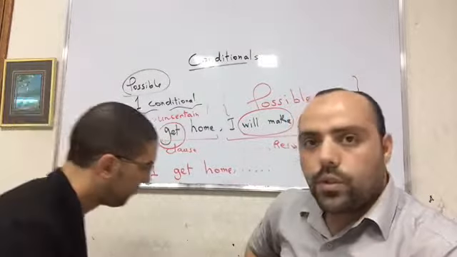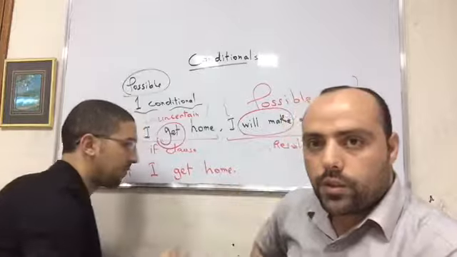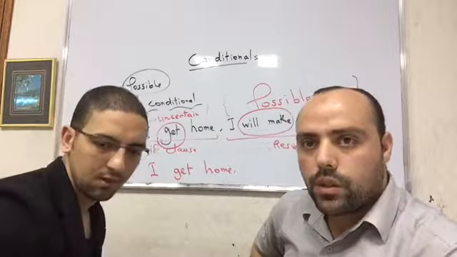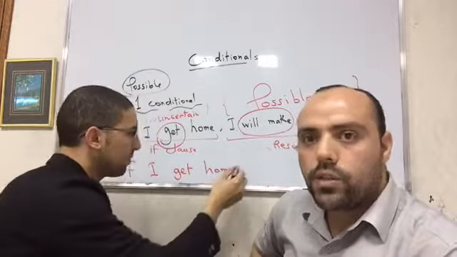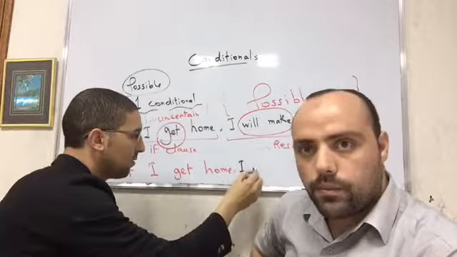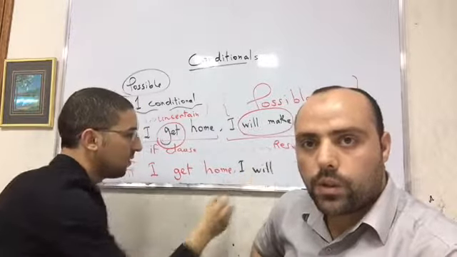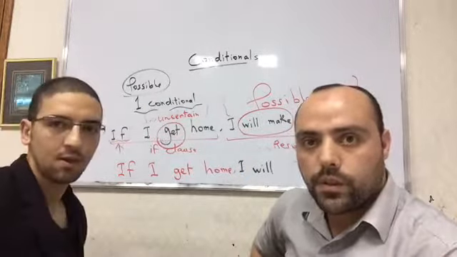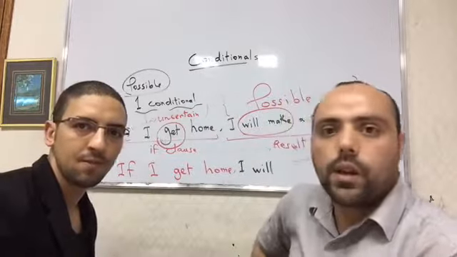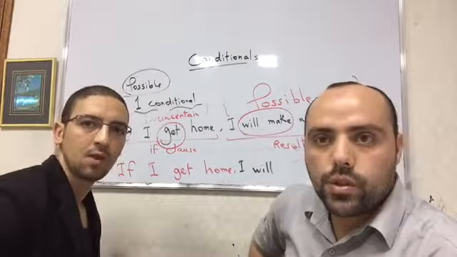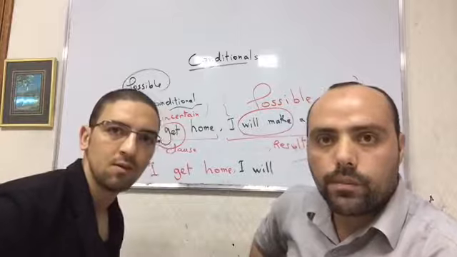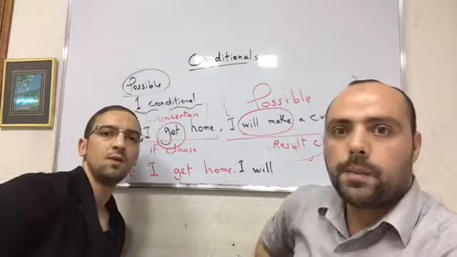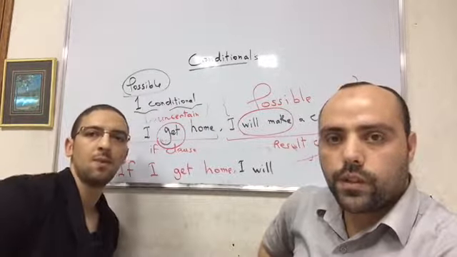You can also use the conditional in the form of a question. You can say, what will you do if you get home? I'm asking you right now. So tell us, what will you do if you get home?